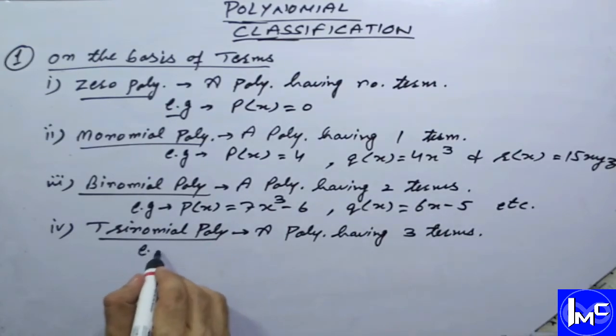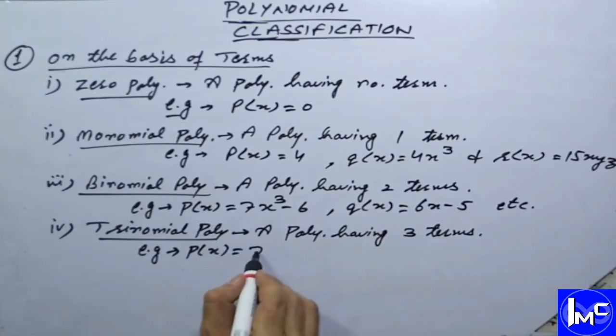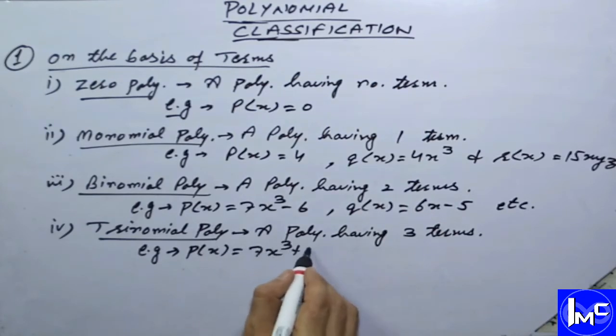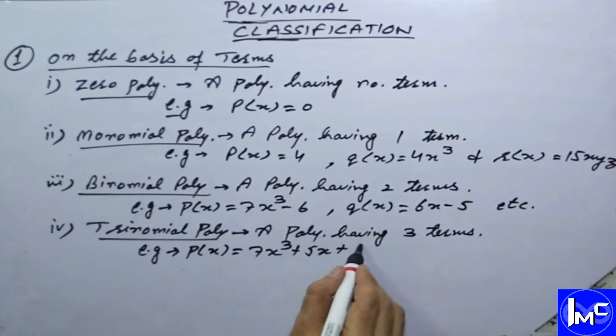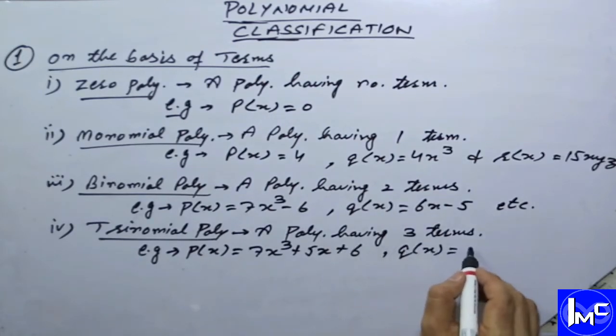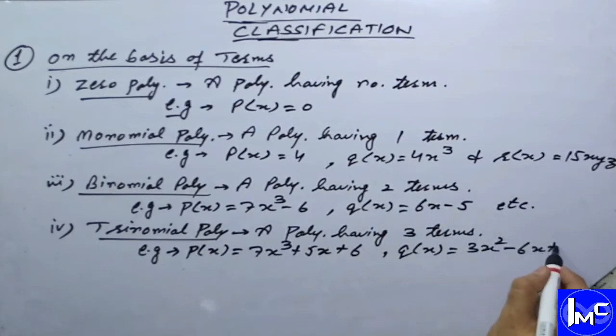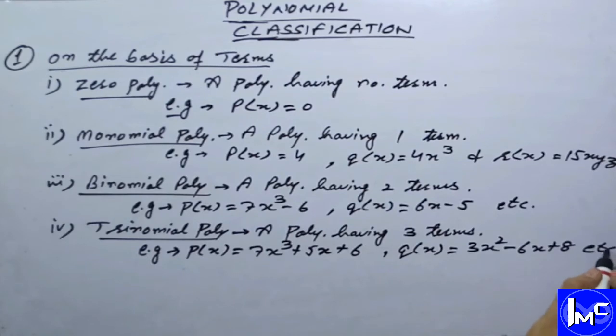For example, p(x) is equal to 7x cube plus 5x plus 6. q(x) is equal to 3x square minus 6x plus 8, etc. These have three terms, this one and this one. Similarly, 3x square minus 6x plus 8.